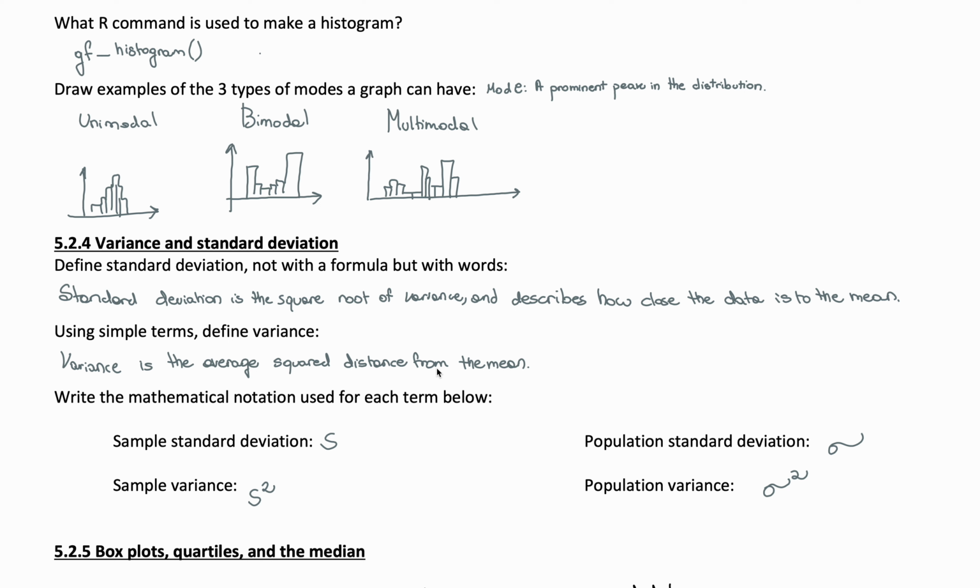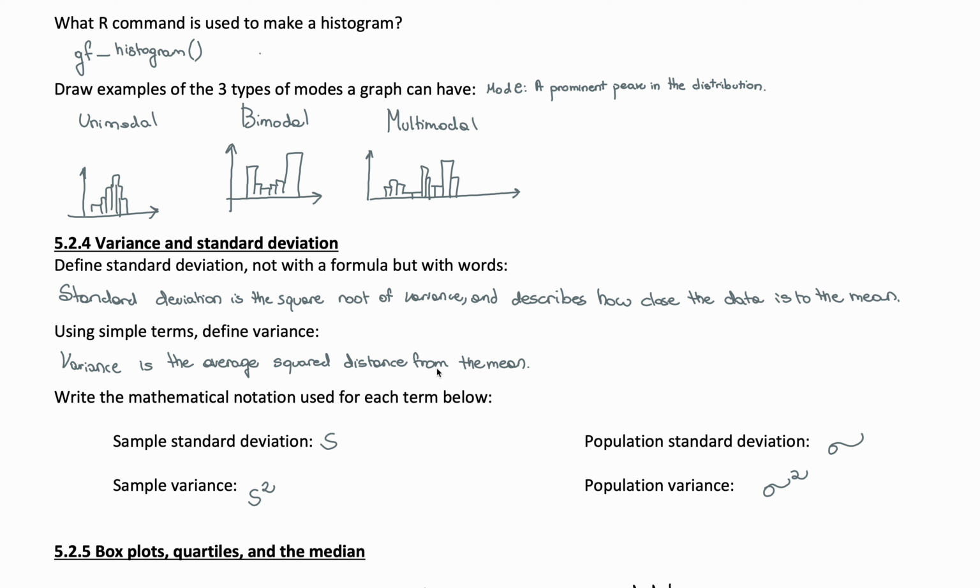So you first calculate the mean, and then you calculate the average squared distance after taking each term, finding the distance from the mean, squaring it, adding it all up together, and then dividing by the number of observations, or the number of observations minus 1.